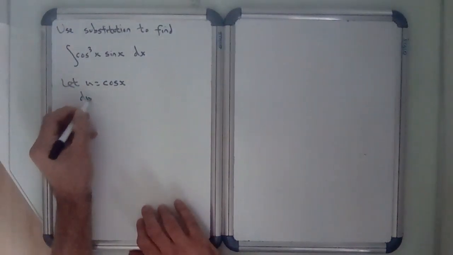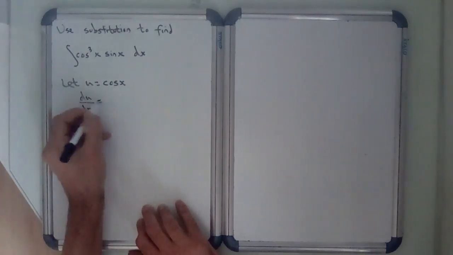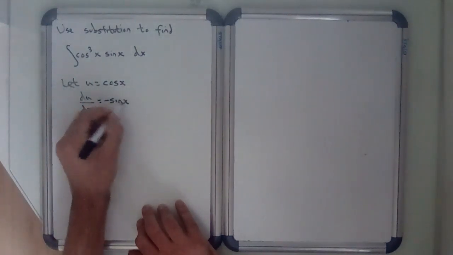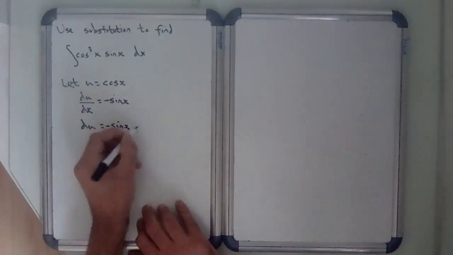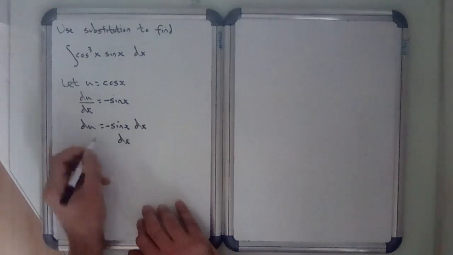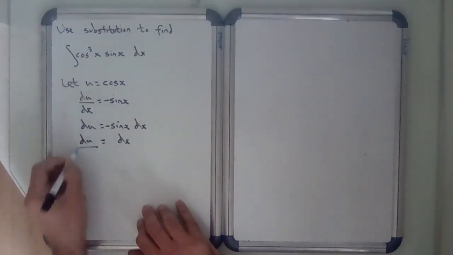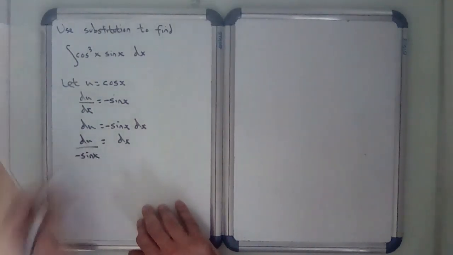So du by dx equals minus sine x, du equals minus sine x dx, which means that dx equals du divided by minus sine x.